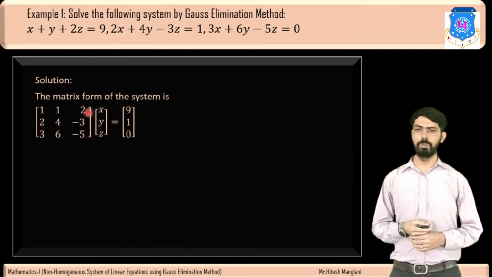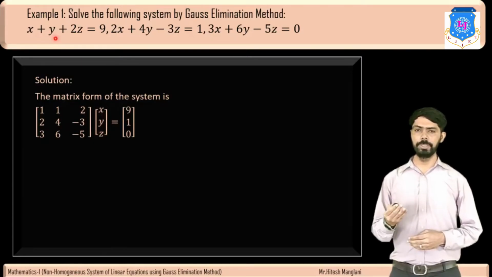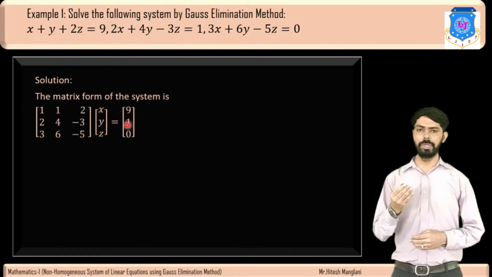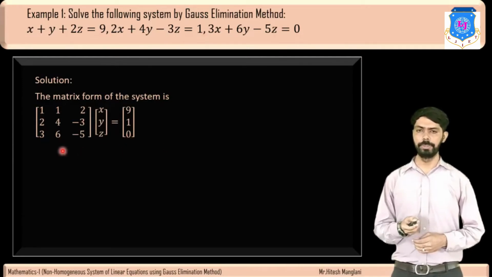Here we are writing the coefficients of the equations, multiplied by the column vector x, y, z, because there are three variables x, y, z, is equal to [9 1 0], because the right hand side of the equations is 9, 1, 0. So this is the matrix form of the system.